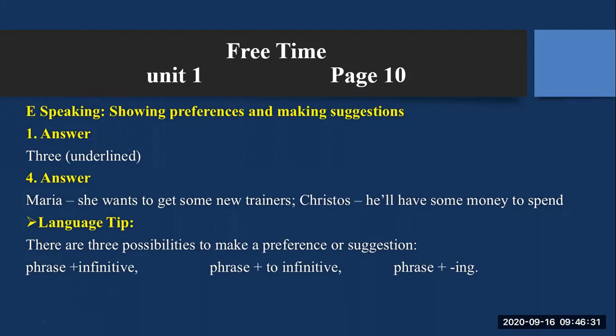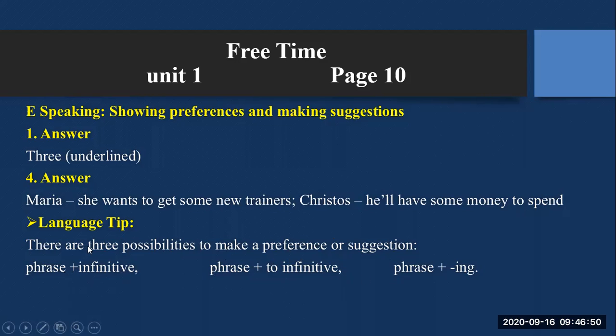The second structure is that we start our sentence, same as the first structure, with a preference phrase or suggestion phrase, and then we add to-infinitive, to plus the base form of the verb.